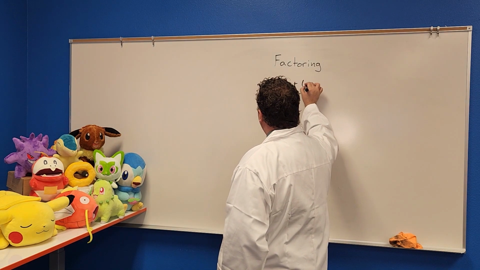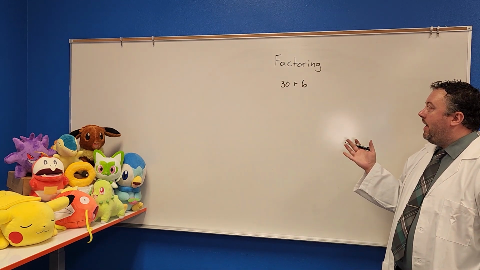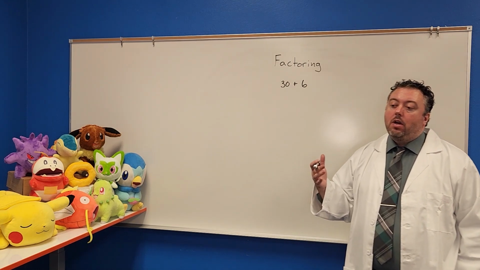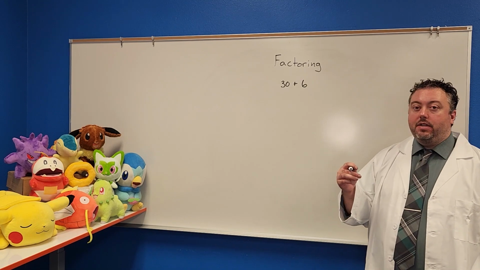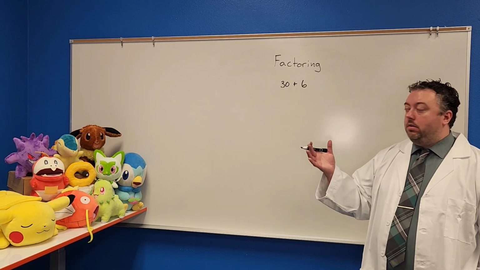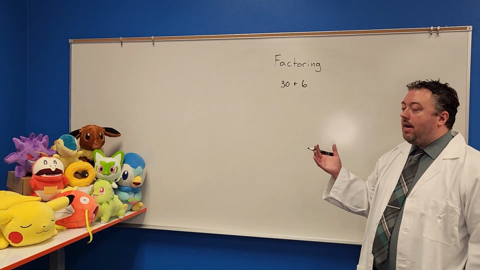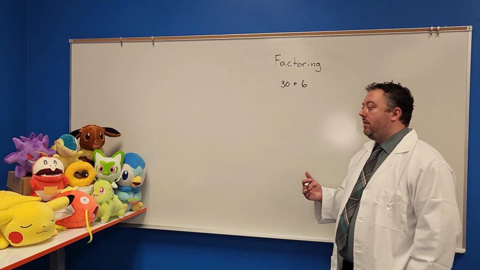30 plus 6. We can add these two numbers together to make 36 pretty quickly. However, if you're asked to factor this expression, then what they're asking you to do is look for a greatest common factor.